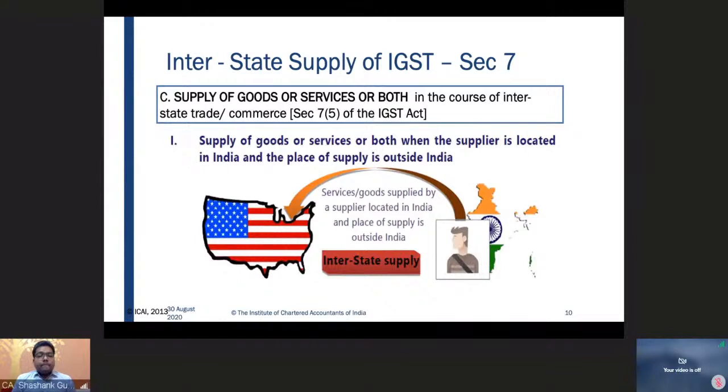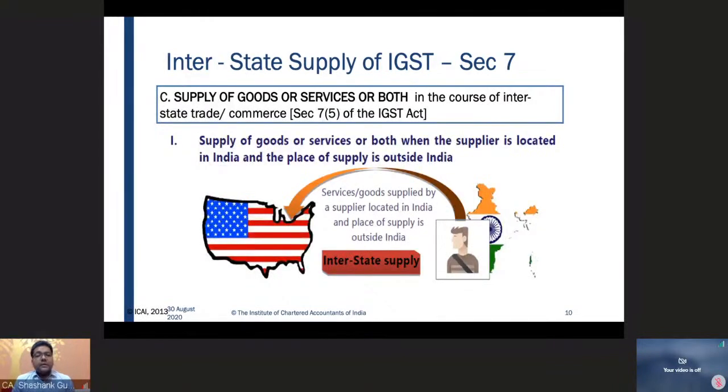Now, the other side of it is that under interstate supply, we have discussed import of goods, import of services, interstate supply of goods, interstate supply of services, and now we are going to discuss supply of goods or services or both in the course of interstate trade or commerce.